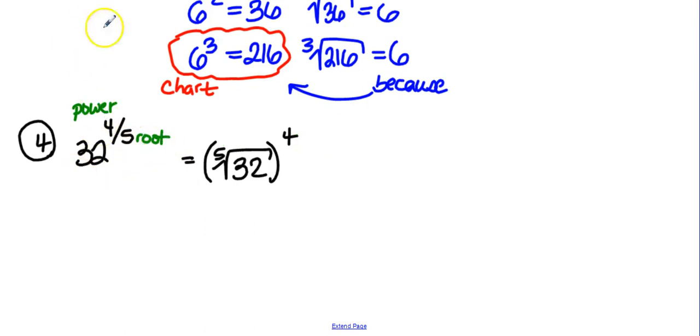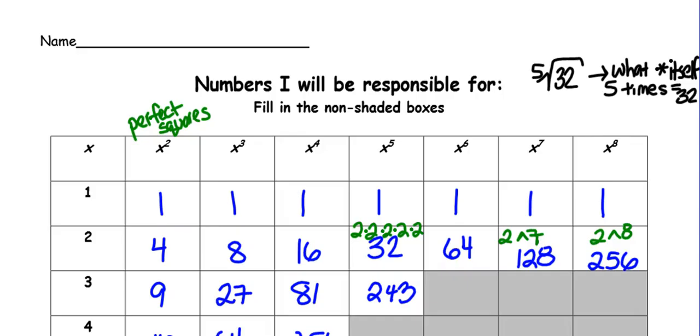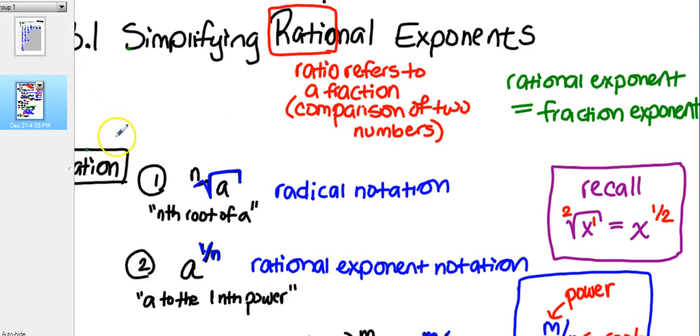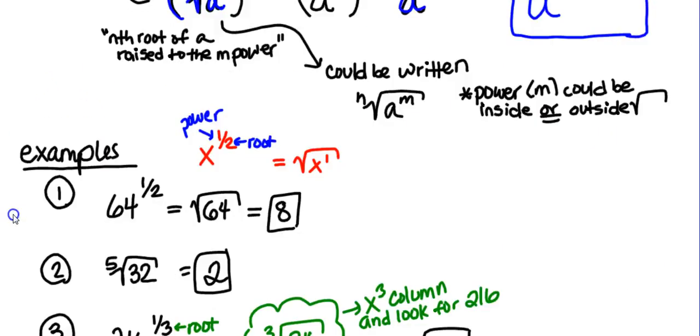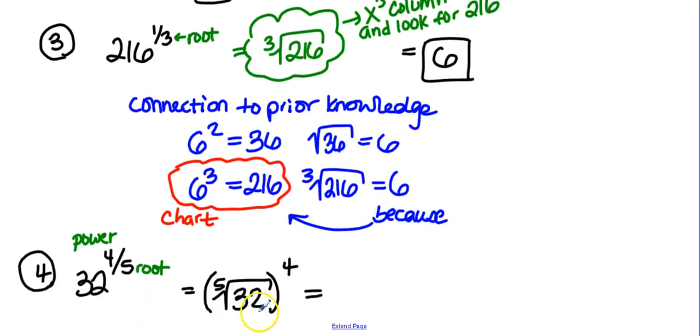So let's see if we can break this down a little bit. Using my chart, can I take the fifth root of 32? Let's go look at the chart. Fifth root of 32 means I'm going to go look at the x to the fifth column in the chart.